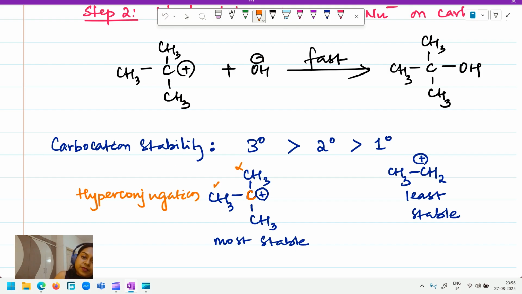The hydrogens attached to all the alpha carbons attached to it can have hyperconjugating effects. I won't get into the details, but just remember, the higher the degree of the carbocation, the more hyperconjugating structures there will be, and thus the more stable it is.